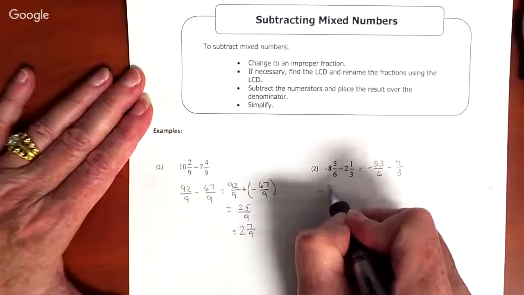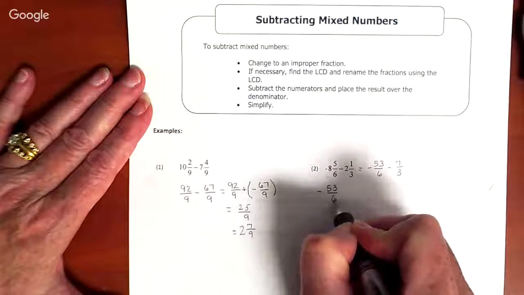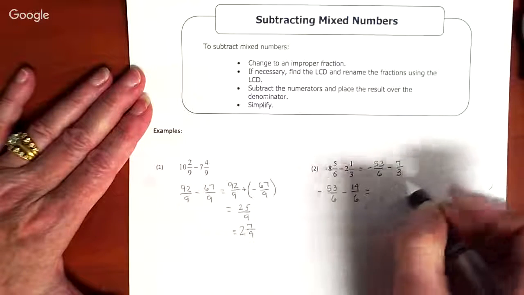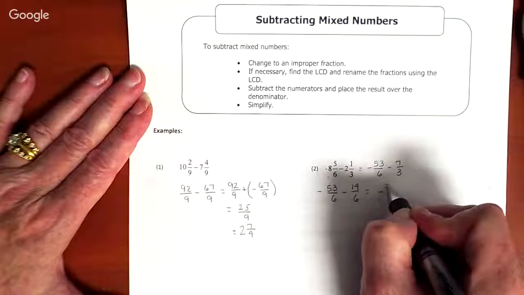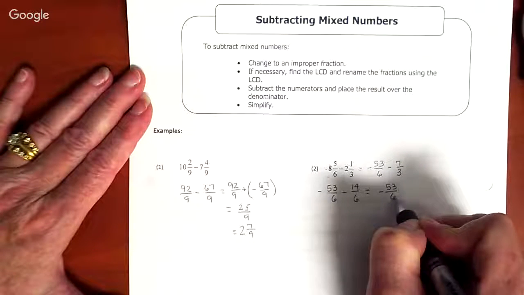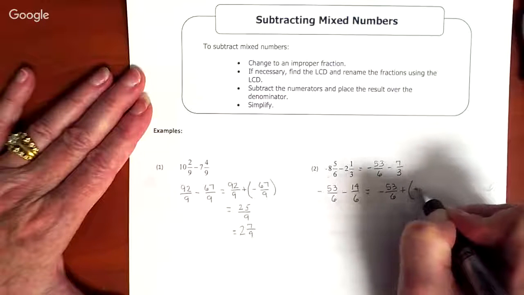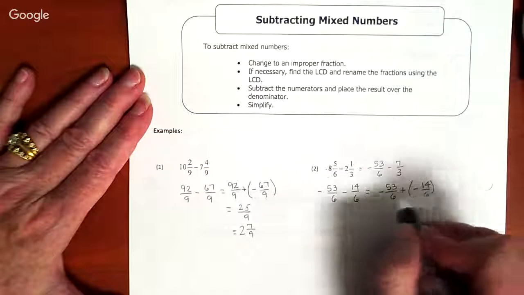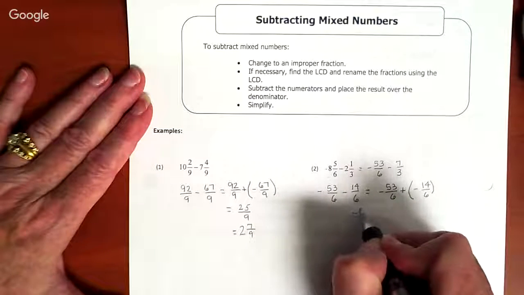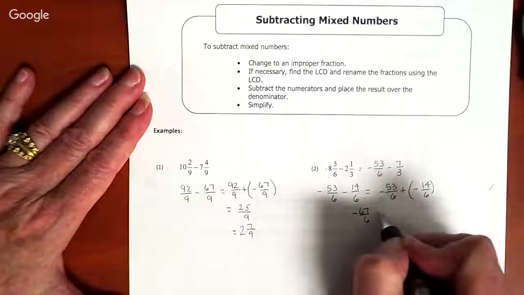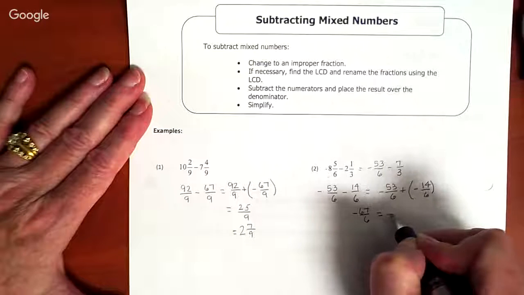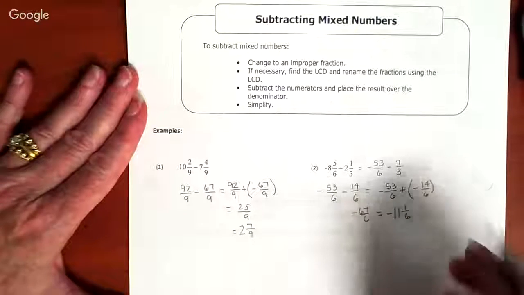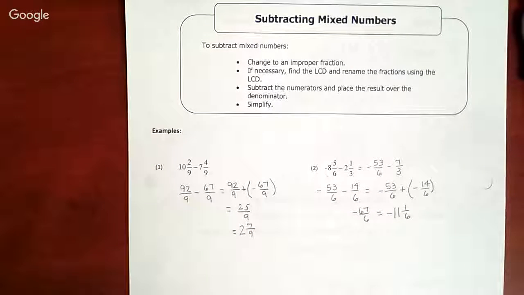We have negative 53 over 6 minus 14 over 6, which equals negative 53 over 6 plus negative 14 over 6, which would equal negative 67 over 6, which would equal negative 11 1/6. And that is our lesson for today.